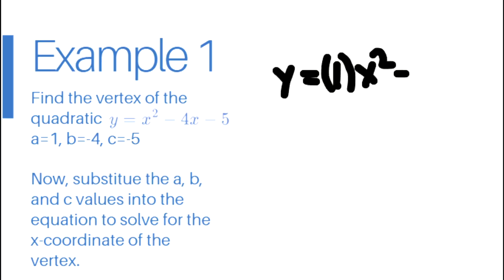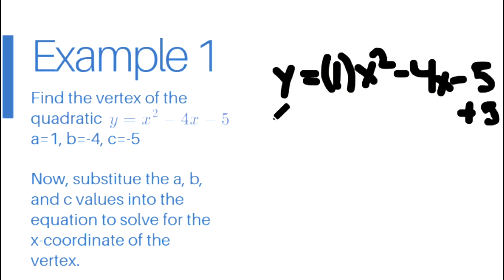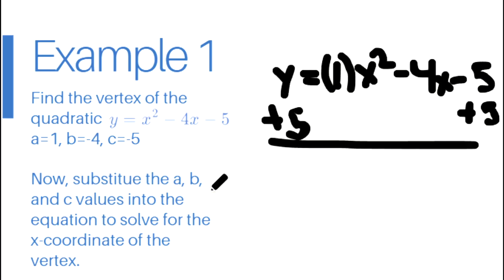We're just trying to get the x all by itself. I know what I'm doing now. Okay, we're just trying to get x by itself. So first we're going to add 5 to each side. Add 5. Okay, that's good.